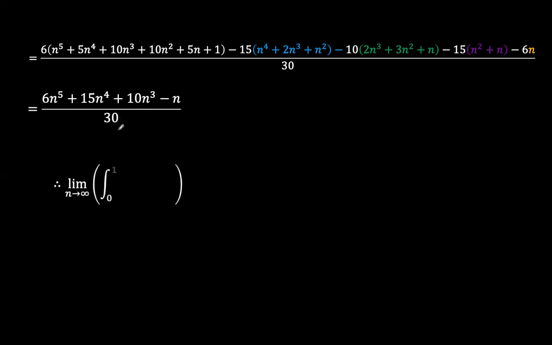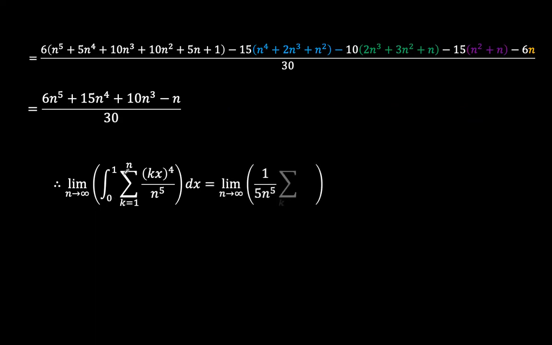Therefore, our limit as n tends to infinity of the integral from x equals 0 to x equals 1 of the summation from k equals 1 to n of kx to the power 4 over n to the power 5 is equal to the limit as n tends to infinity of 1 over 5n to the power 5 times the summation from k equals 1 to n of k to the power 4.